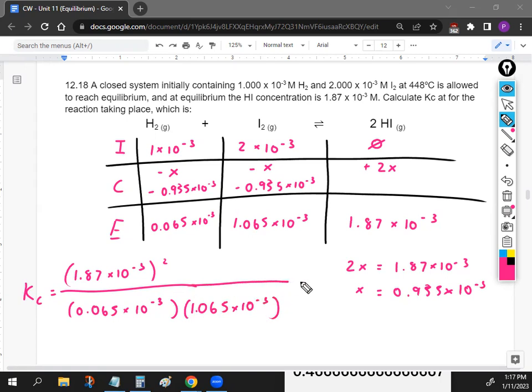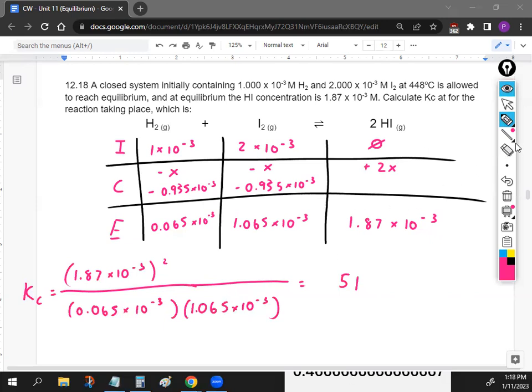Okay, so this should be your equation. And for your final answer, dang, these problems are taking up a lot of space now. I got 51. Yes. It honestly depends on your calculator.